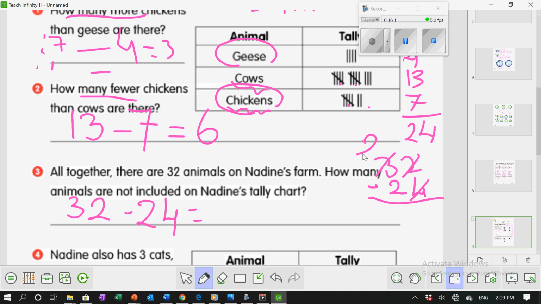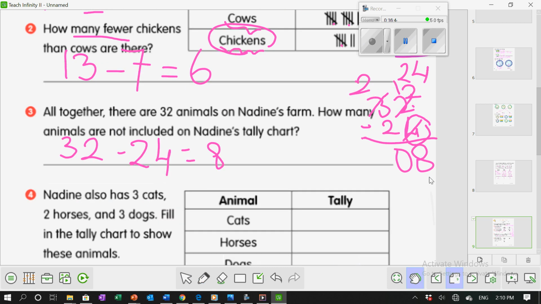This will be 2 and here will be 12. 12 minus 4 is 8. 2 minus 2 is 0. Yes, perfect. So here the answer is 8. All the time, remember, when I want to subtract, I have to look and compare where is the more, up or down. Let's continue.